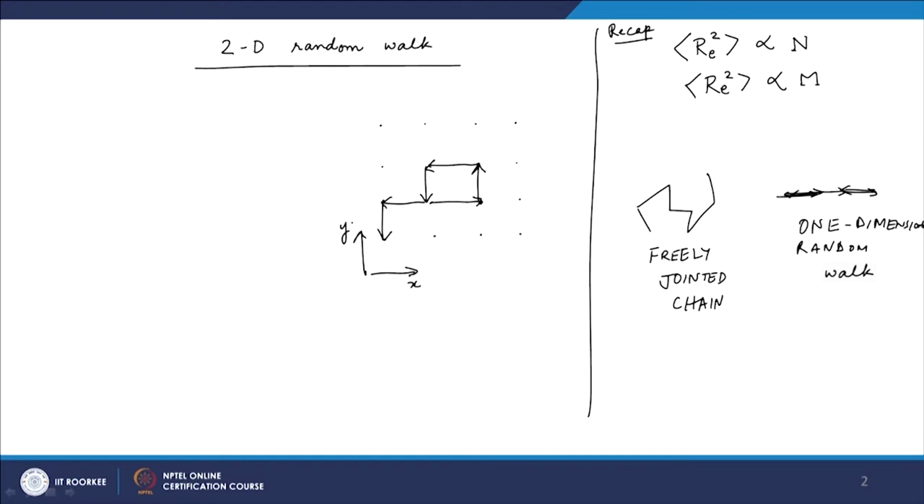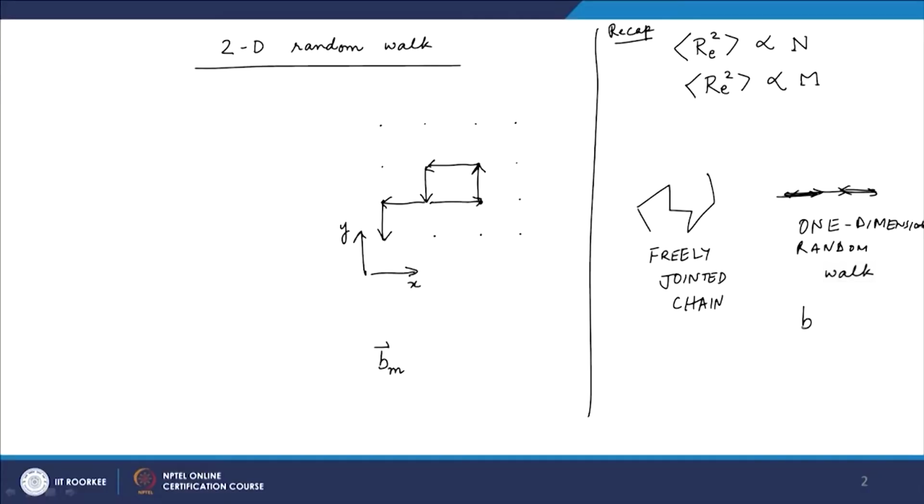What it really means is the segment vector that we defined earlier, which was in any direction in the freely jointed case, and plus b unit vector in x direction or minus b unit vector in x direction in the one dimensional walk case, can now be in any of the available 4 directions, where Ex and Ey are the unit vectors in x and y, and b is again my segment length or step length.